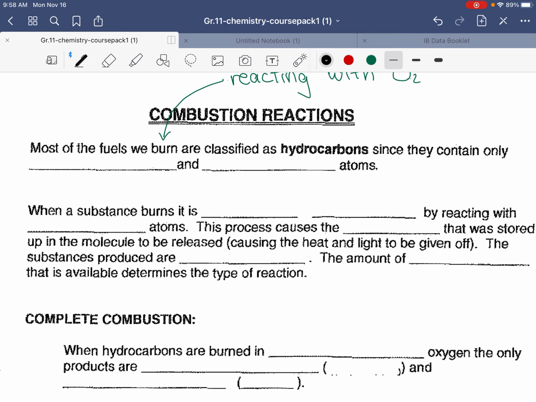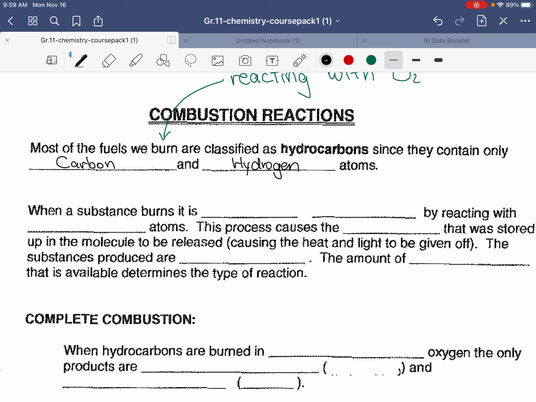The gasoline that you put into your car, your vehicles, that's a hydrocarbon. What's a hydrocarbon? Well, these are compounds consisting of carbon bonded to hydrogens. And the ratio of this is pretty indefinite.